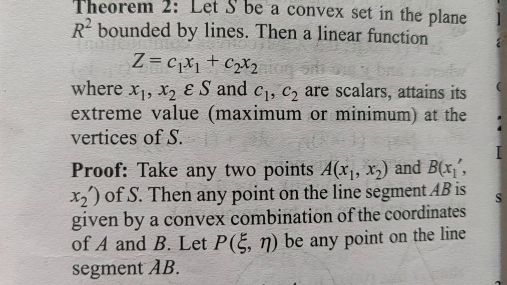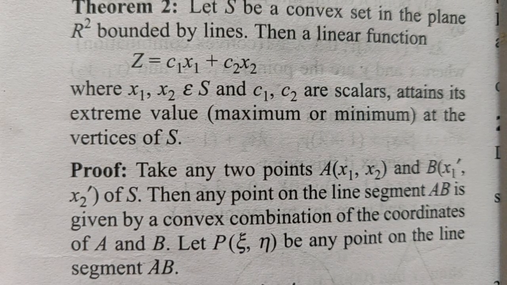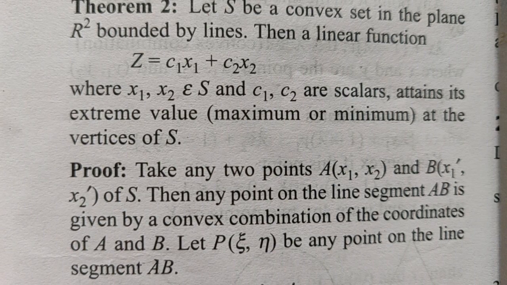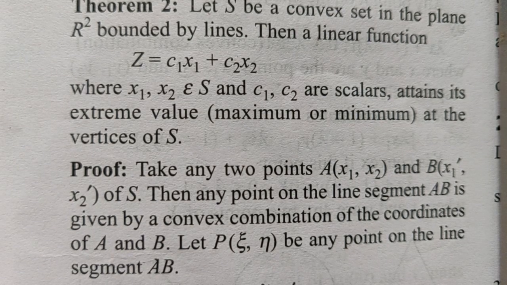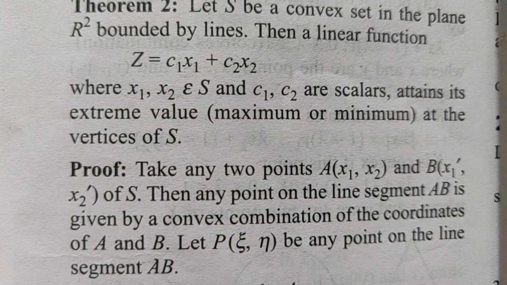I'll just state it again. The second theorem which will be useful for us is the one on identifying the maximum or minimum of a linear combination of two points x1 and x2. Let S be a convex set in the plane R2 bounded by lines.